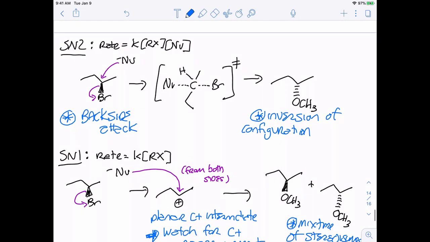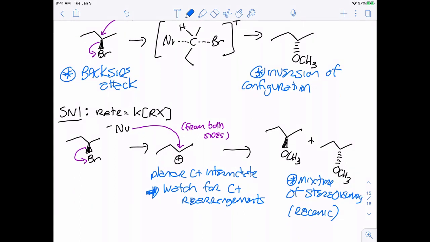So SN2, one step. Nucleophile adds as the leaving group leaves, so they have to be from the opposite side, giving us inversion of configuration if it's chiral. SN1, two steps, my leaving group leaves. This first step being my slow step or my rate determining step, forming a carbocation intermediate.